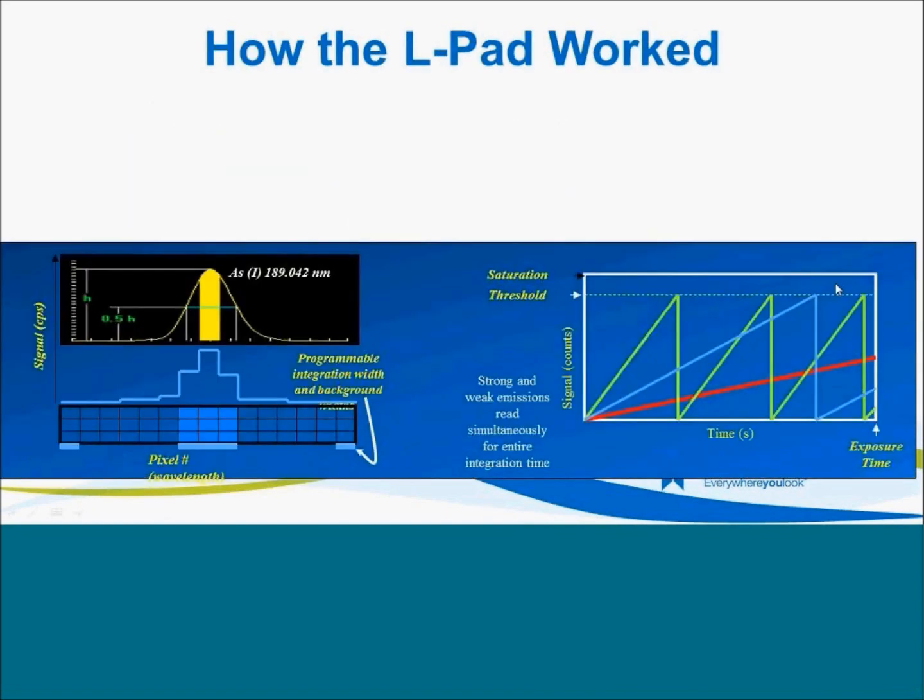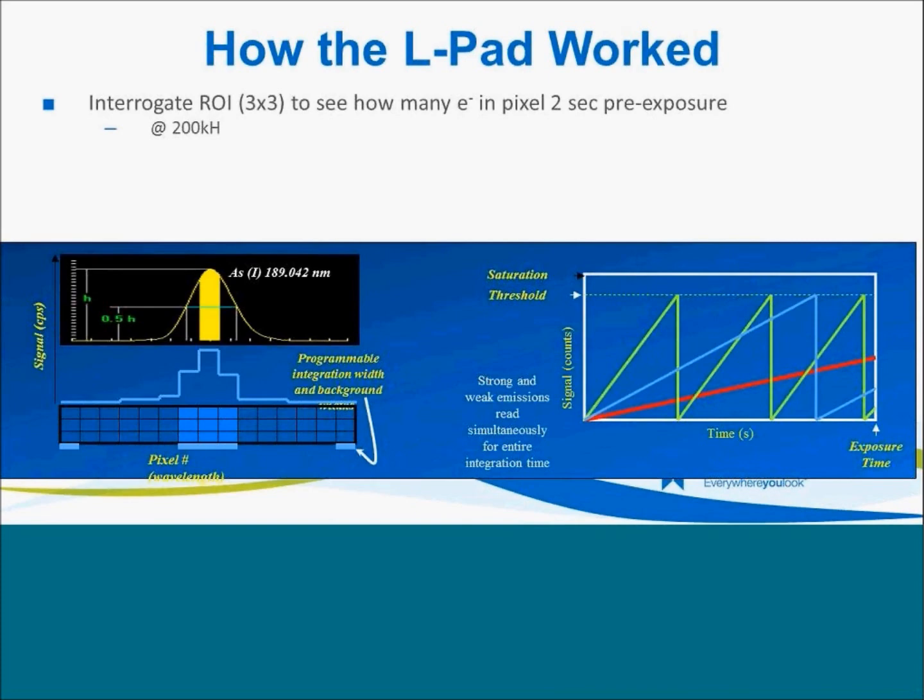Okay. So before we talk about how the CMOS detector works, we'll just very quickly review how the LPAD worked. So when you ran a sample on the LPAD, the first thing it did was take a 2-second pre-exposure.